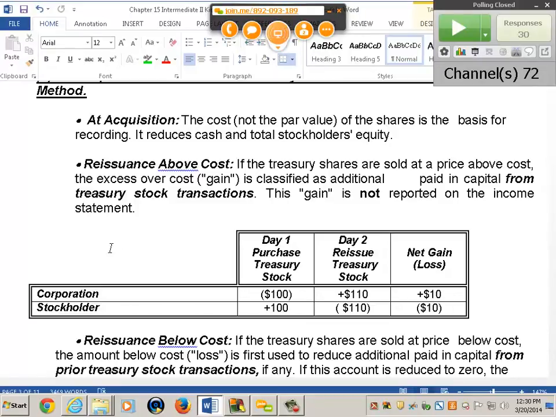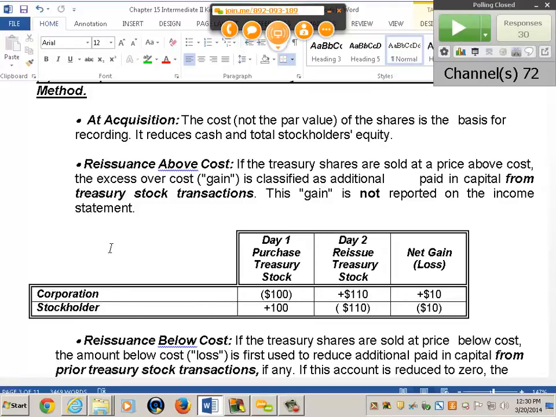So from the corporation's perspective, or from your perspective, what is that? It's paid in capital, right? Basically, this gain is additional paid in capital from treasury stock transactions. Bottom line is that this is very, very simple. If you look at it in terms of one stockholder, you've got the same piece of paper you had yesterday, but now you just gave the corporation $10 more.